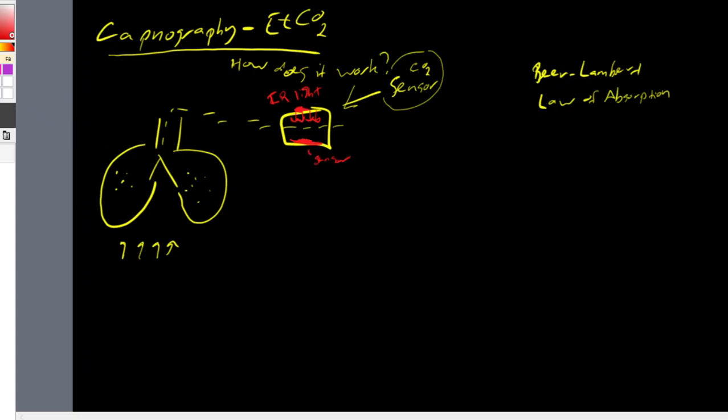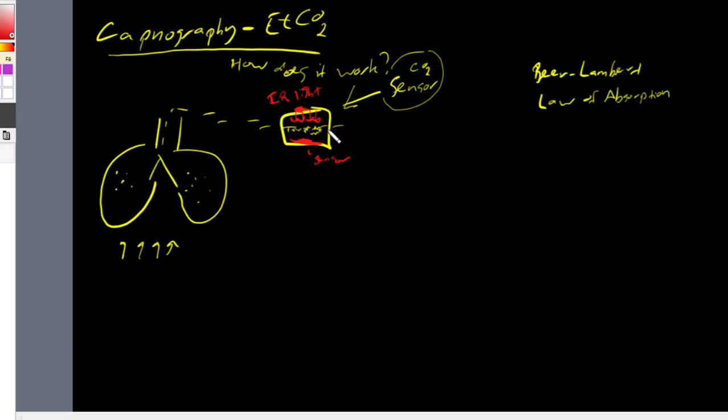As you can imagine, the higher the concentration of carbon dioxide in this chamber, or the more that you breathe out from your lungs, the less infrared light gets sensed at this end of our sensor. Let's make this very arbitrary and simple. I just drew 4 arrows here.